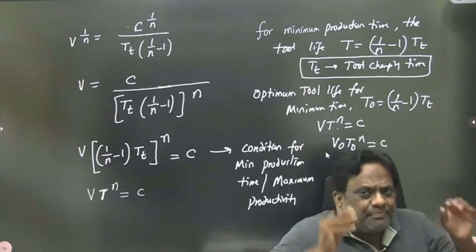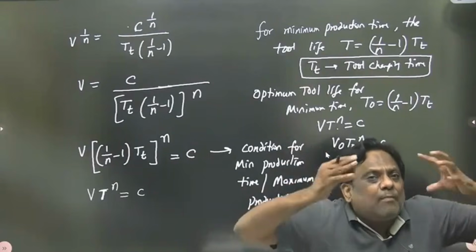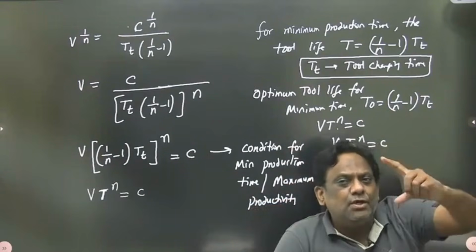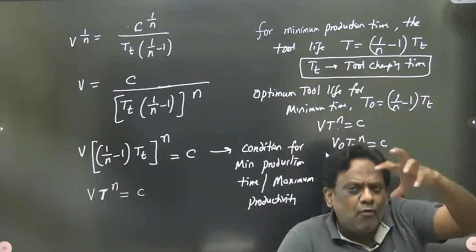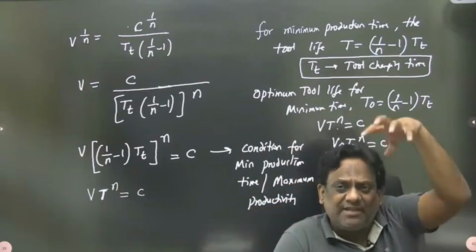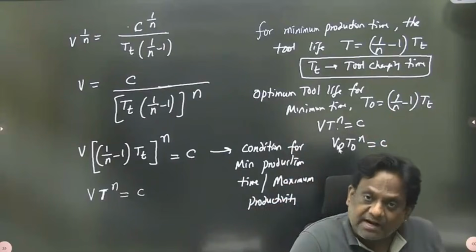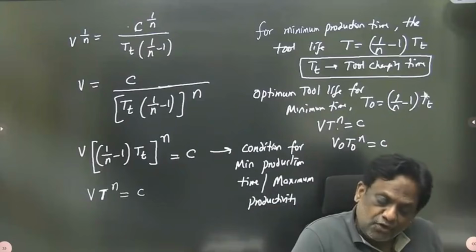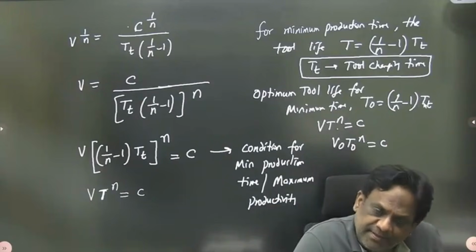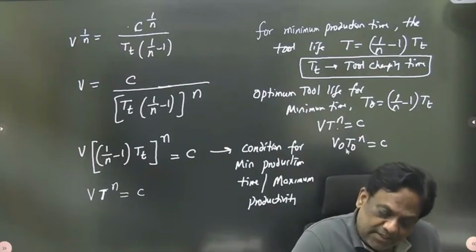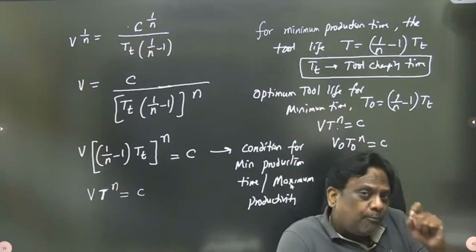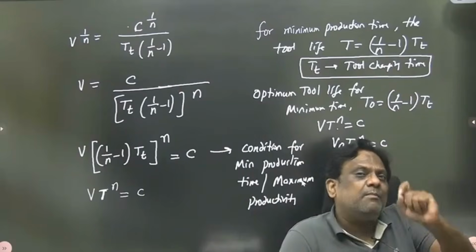So इसका मतलब ये है, if you want the time for manufacturing a single piece to be minimum, this should be the cutting velocity and this should be the tool life, and already tool life is given. So from tool life, TT will be given, n will be given. From this I'll calculate T naught. And I substitute in this equation, I'll get V naught. So that will be the optimum cutting velocity for minimum production time.